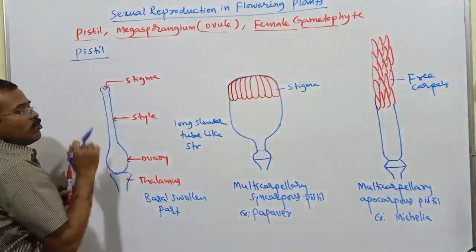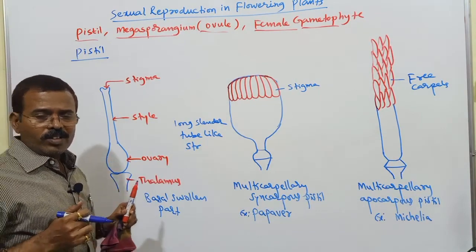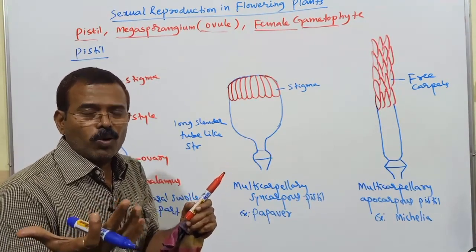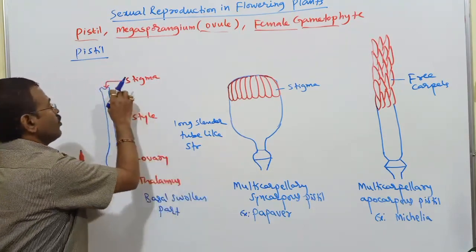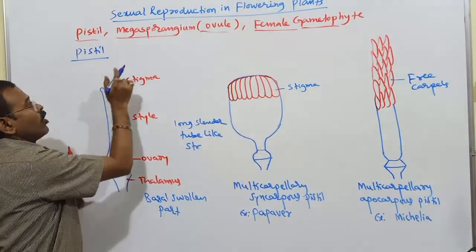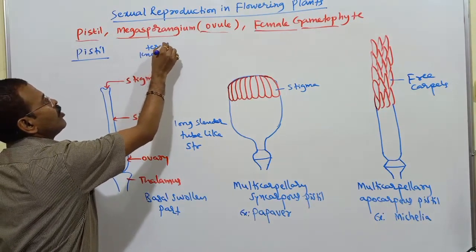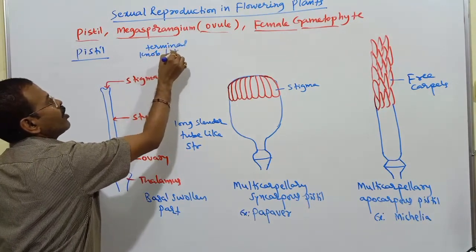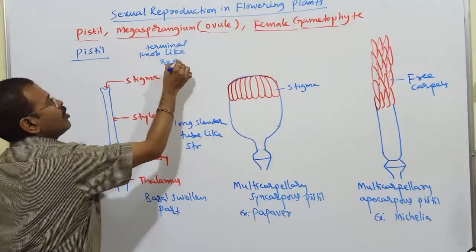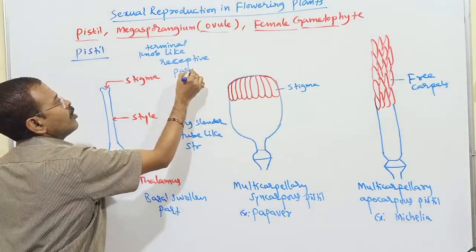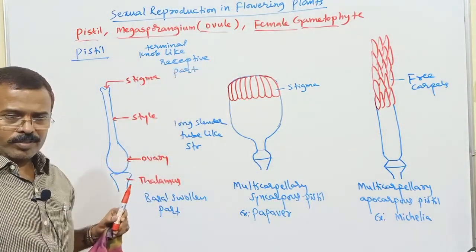Then the stigma. Stigma is the platform for the pollen grain. It is a receptive surface, the terminal knob-like receptive part.